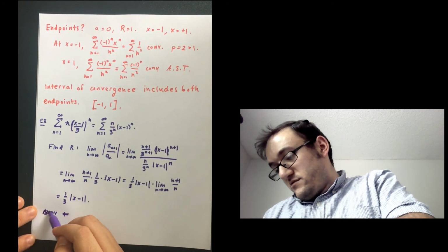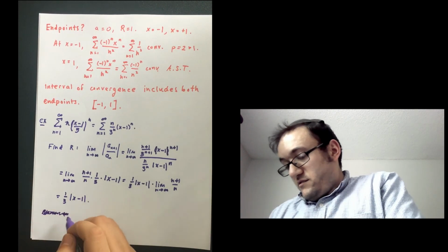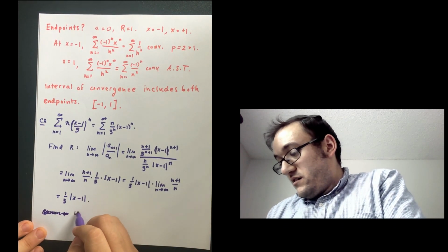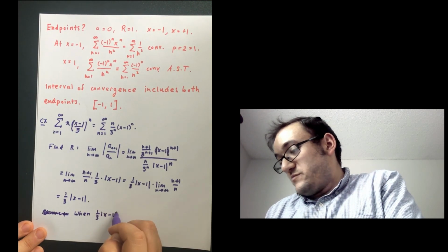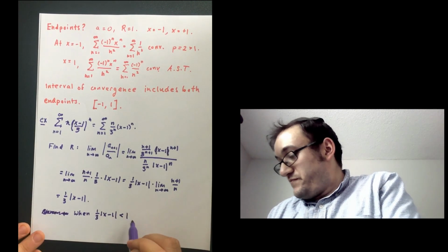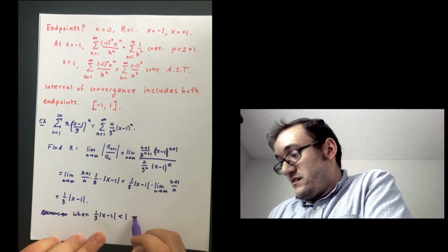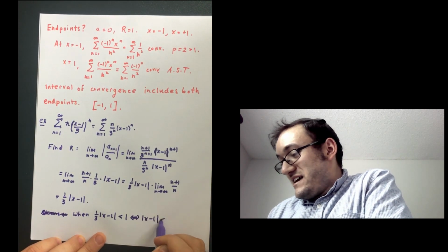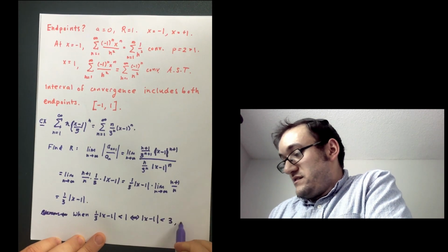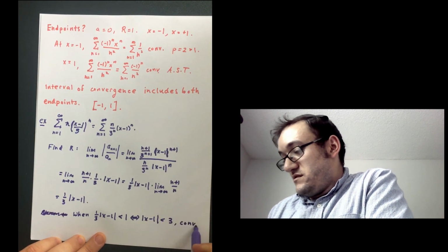Let's be a little bit careful with that. When 1/3 times absolute value of x minus 1 is less than 1, or equivalently absolute value of x minus 1 is less than 3, this converges.